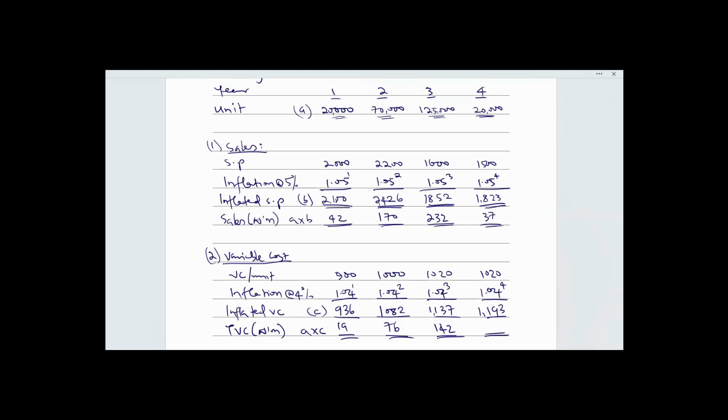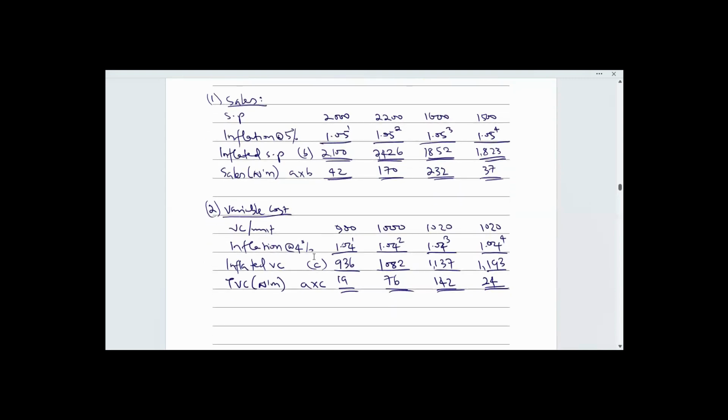Wilson, you are not participating. I've not heard your voice. 24 million. Yes, sir. I don't want to disturb the class because I've not been added to that group, so I still don't have the material. That is the thing. All right.